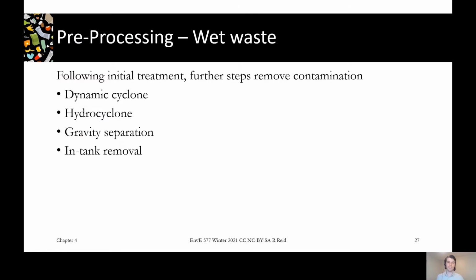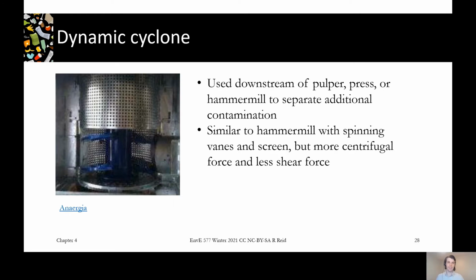So all those processes are accomplishing a few things at once, but they all have opportunities to let some contamination through, especially the grit fraction. So some steps that might follow that initial core treatment are a dynamic cyclone, or for grit removal, a hydrocyclone, gravity separation, or an in-tank removal system. Dynamic cyclone actually operates a lot like the Hammermill.